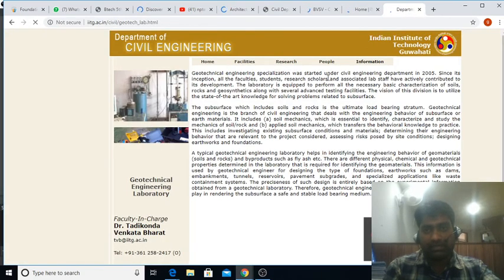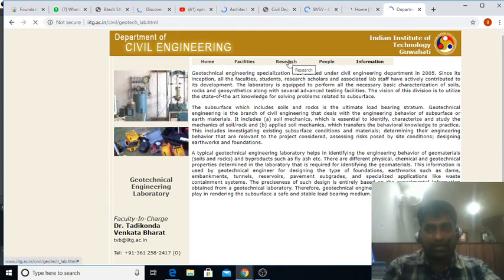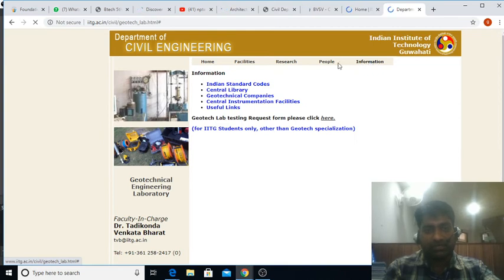In the same manner you can go through the faculties. In people you will see what type of research they are carrying out in IIT Guwahati, what facilities are available in IIT Guwahati. You can click in the information section, you can see certain IS codes which are available in the field of geotechnical engineering, geotechnical companies, central instruments, and also you can click to see useful links, what useful links are available over here.